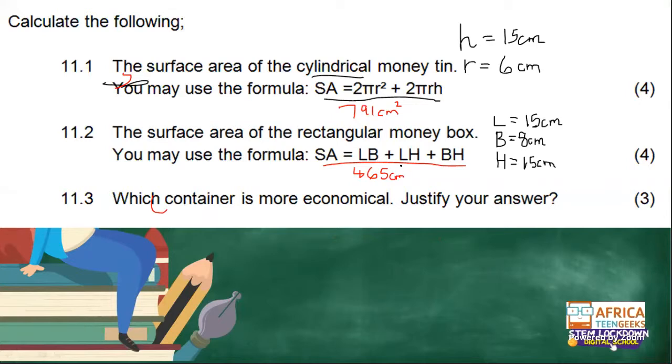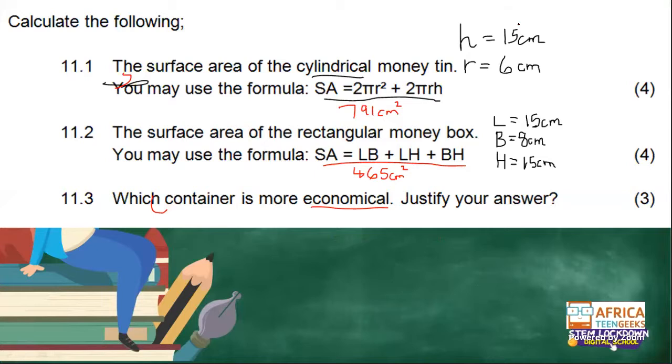Which one is more economical? By the way, when I say economical, I actually mean which one is cheaper to make, right? Which one will cost Jablani less material to make? That's all I actually mean.